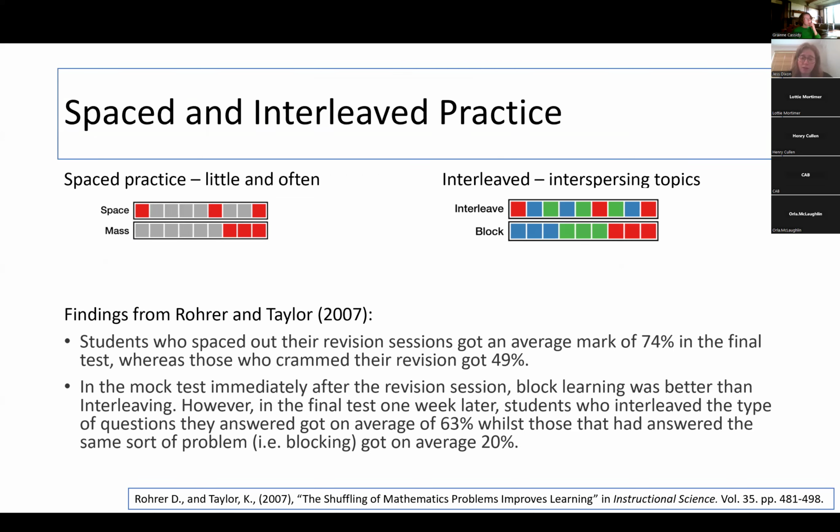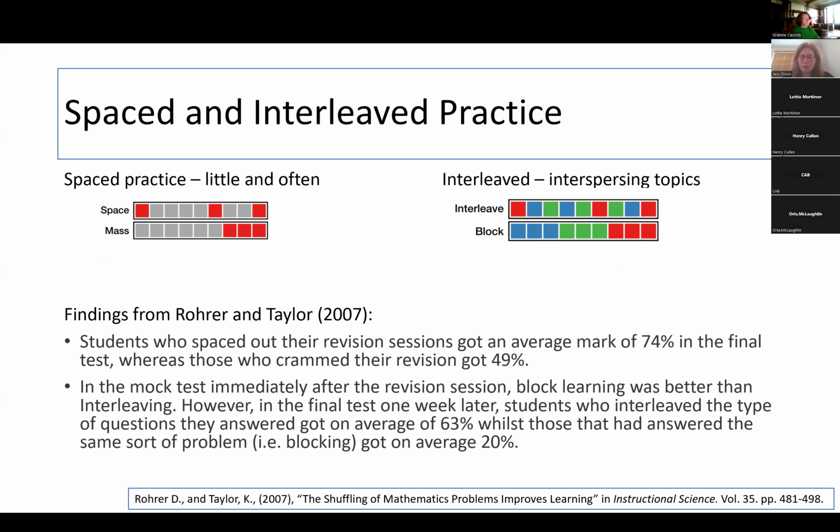However, when the final test was delayed, those who did interleaved practice improved significantly on those who did the blocked practice. This study was done with math students, but there are other studies for different subject areas as well. Unfortunately, with classics, very little research is done into classics teaching itself. There are lots of independent projects that people are doing, but large-scale academic research, sadly, is few and far between.